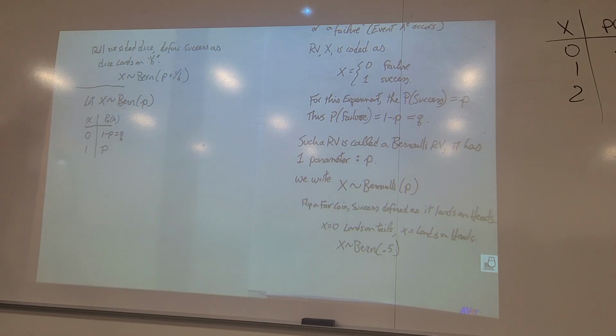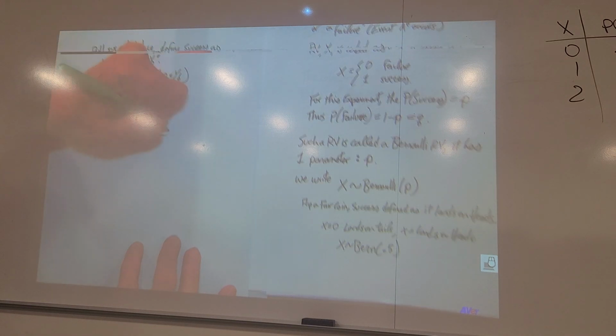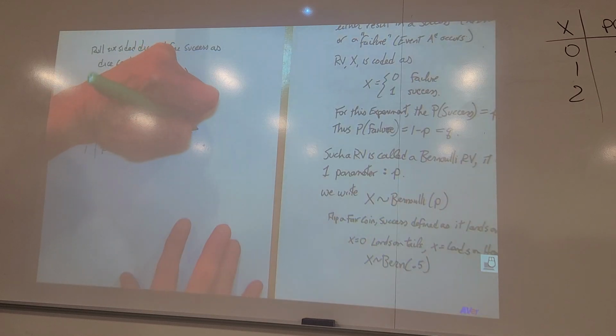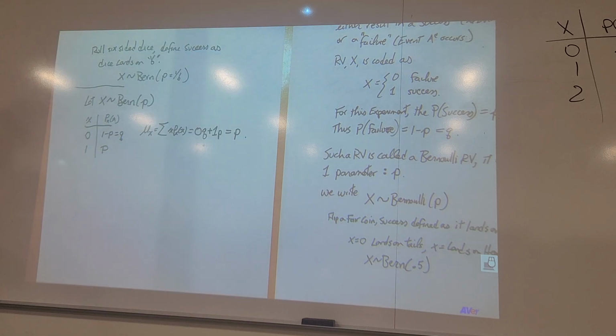Okay? Q plus P have to add up to 1. Right? The mean of this random variable is, don't forget, the sum across all the x's going from 0 to 1 of x times its weight, namely, somewhat trivially, 0 times q plus 1 times p, or p. So the mean of such a distribution is simply p. Right?